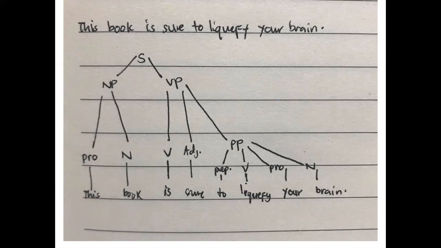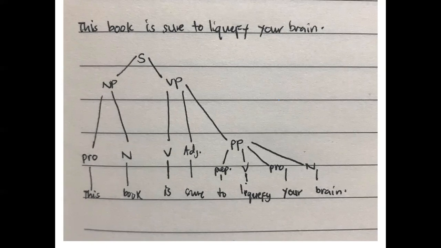My bad. But I think no pronoun was used there as far as I checked. And book is a noun. Then the verb phrase is composed of the verb alone. An adjective is sure in here because it modifies.